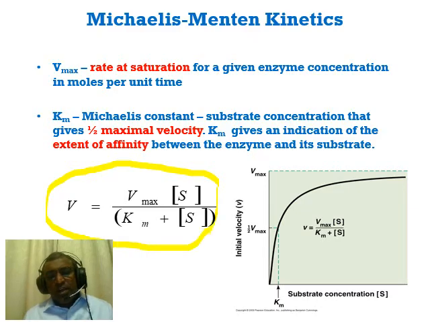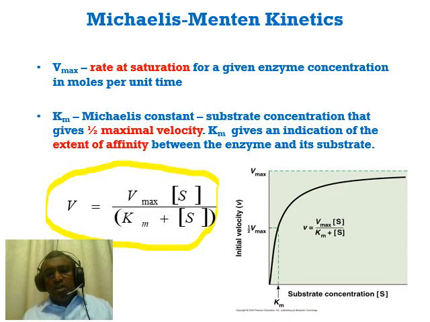What's the usefulness of this formula as well as the graph? If you have two enzymes and you want to see which one works well for a particular substrate, you do the experiment and build this graph.